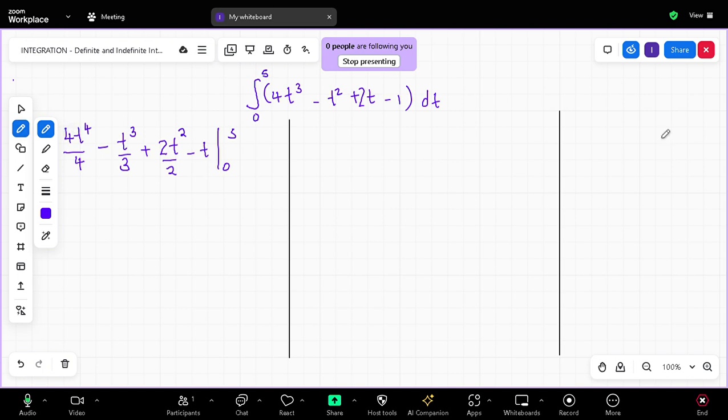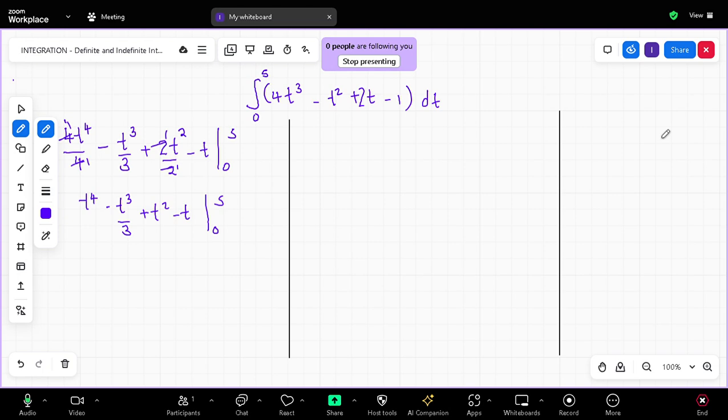So we can divide 4 by 4, and 2 by 2. So it simplifies to t power 4 minus t cubed over 3 plus t squared minus t. The limits start from 0 all the way to 5. So 5 is the upper limit and 0 is the lower limit.